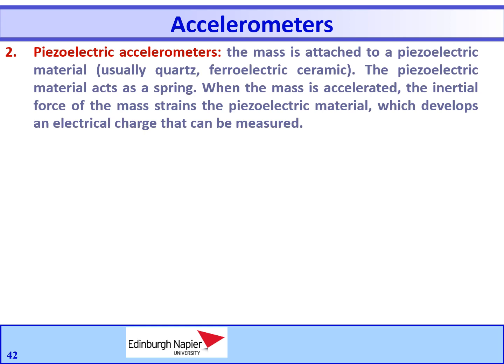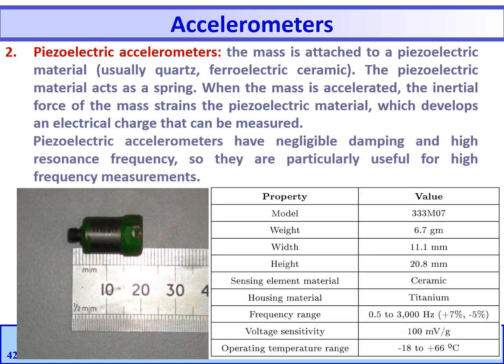When the mass is accelerated, the inertial force of the mass strains the piezoelectric material, which develops an electrical charge that can be measured. Piezoelectric accelerometers have negligible damping and high resonance frequency, so they are particularly useful for high-frequency measurements.